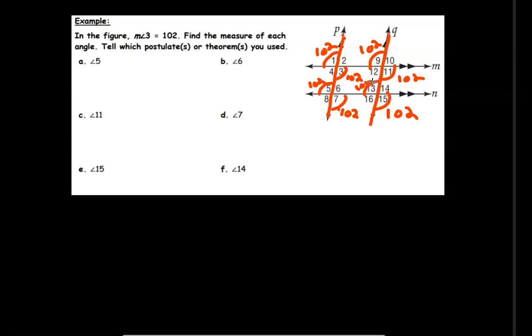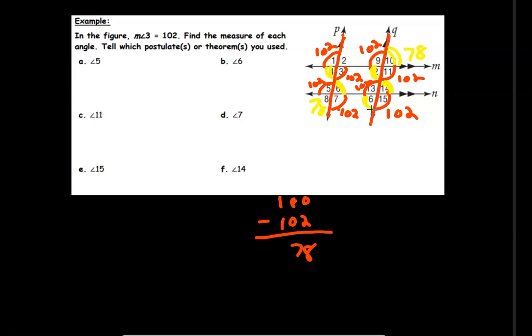All right, so the others are not 102, they're supplements. So 102 from 180 gives me 78. So it means that the other ones are all 78. So this is 78, 78, we'll give it two curves, and the rest are 78. So all those are 78.